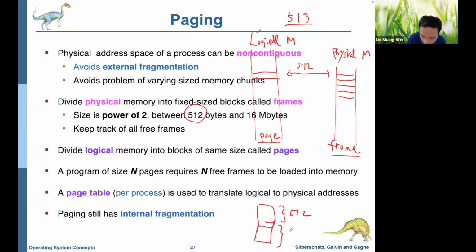So this is another 512, but your process only occupies a little of it, and this will still be your internal fragmentation. Here it will be 511 bytes of internal fragmentation.